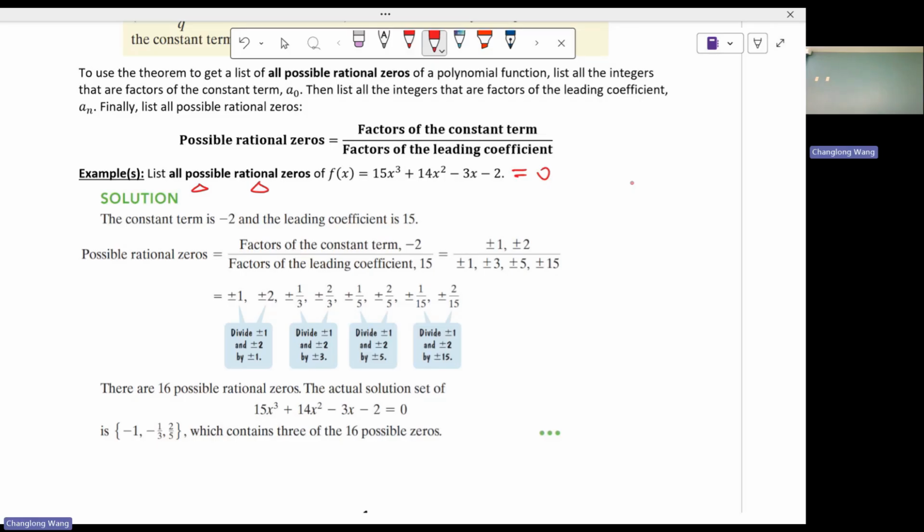It's rational because 1/3 is 0.3 repeating. Now, what you do is you take that constant, -2, and you come up with all possible factors. Do you see that there's always going to be a factor of 1, right, for any numbers?